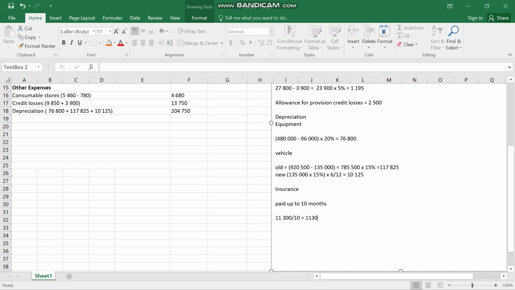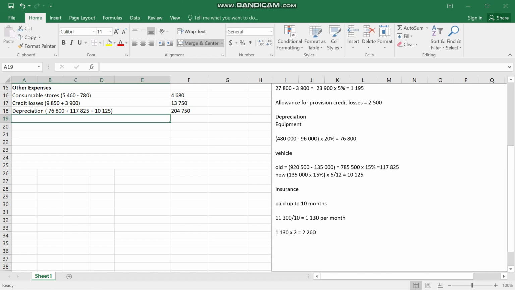Which is 130, right? This is how much we pay per month. So since you have to pay for 12 months, you multiply 130 by 12, which gives you 2260. This is the amount for insurance.